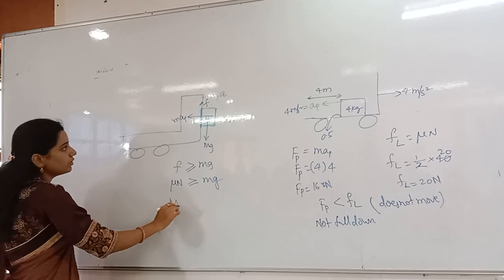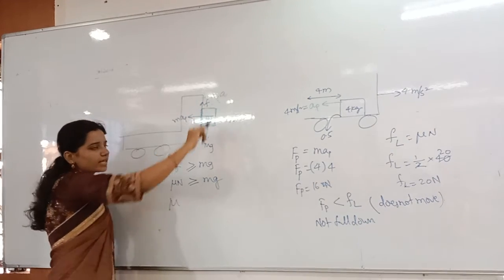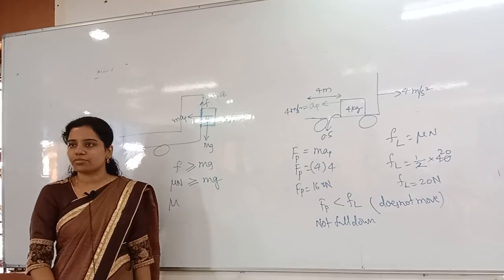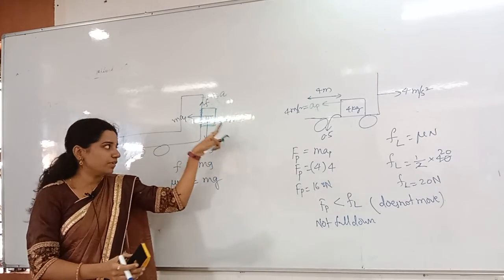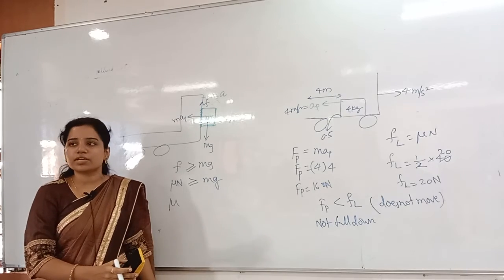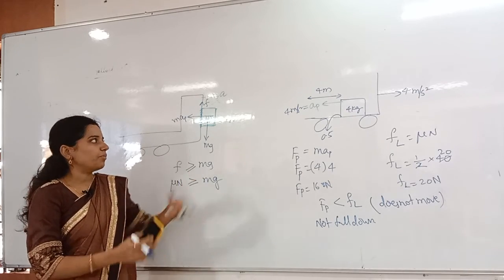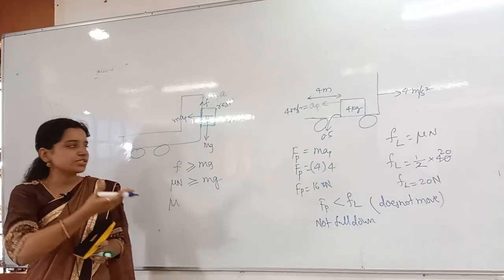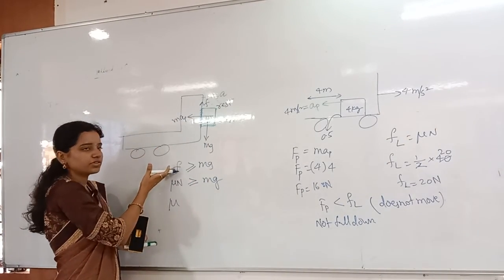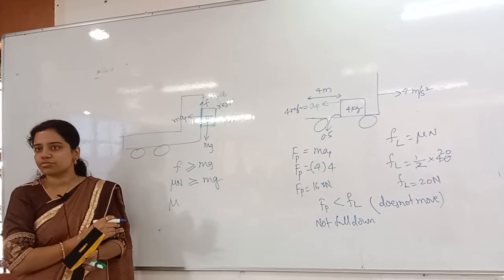Now, in the horizontal direction the body is in equilibrium. It will not move forward; it can only fall in the downward direction. The body is at rest, so the upward force equals the downward force: upward is friction, downward is mg.